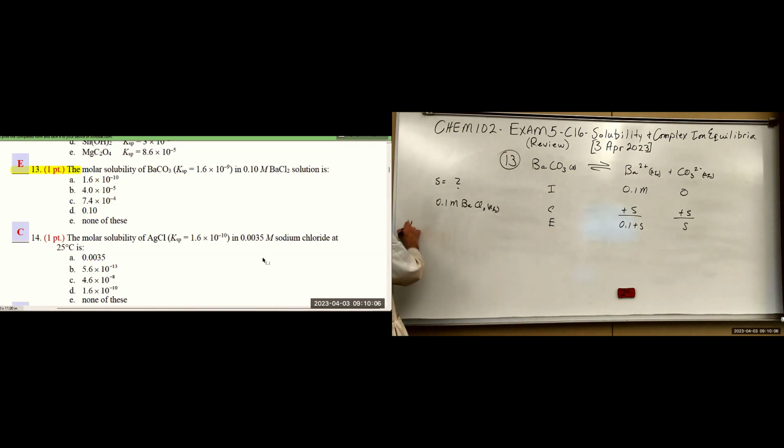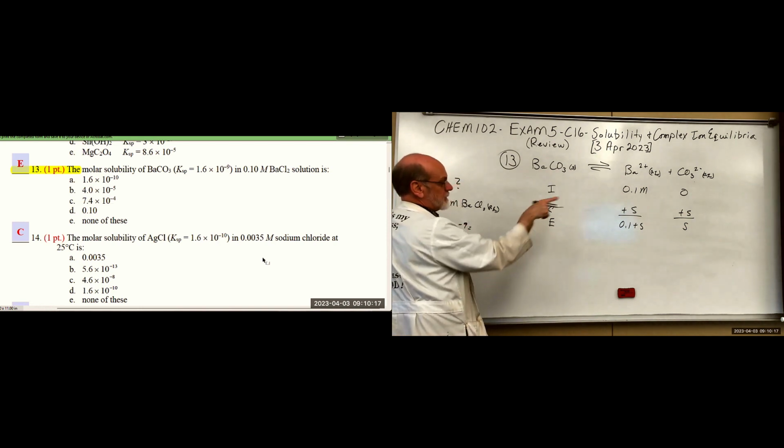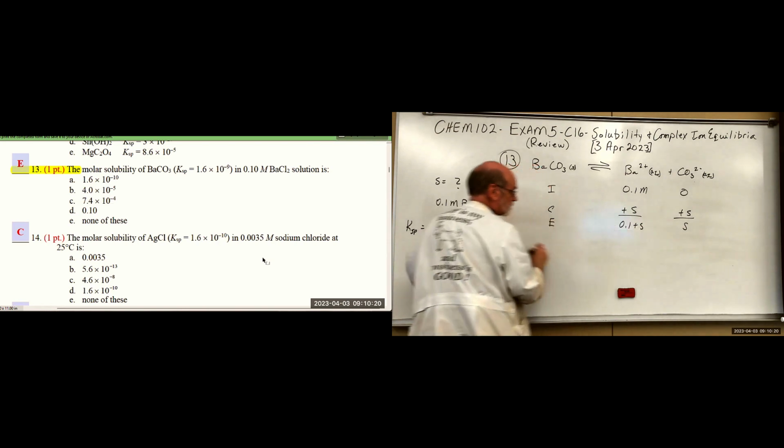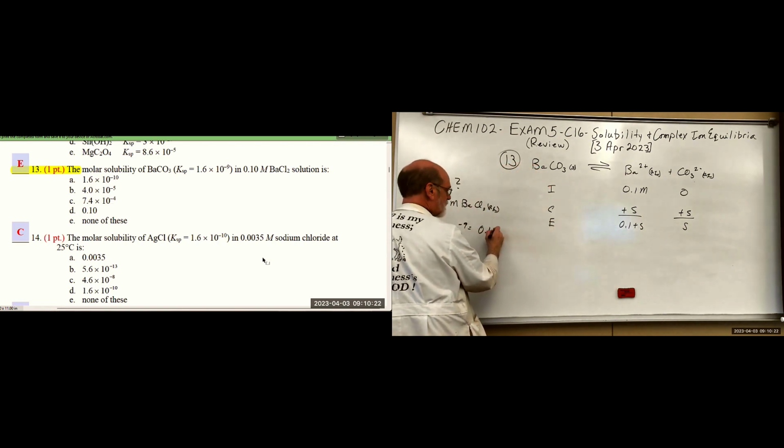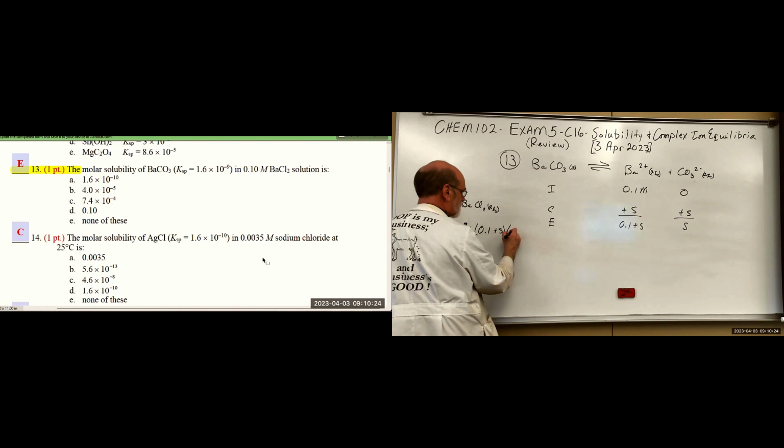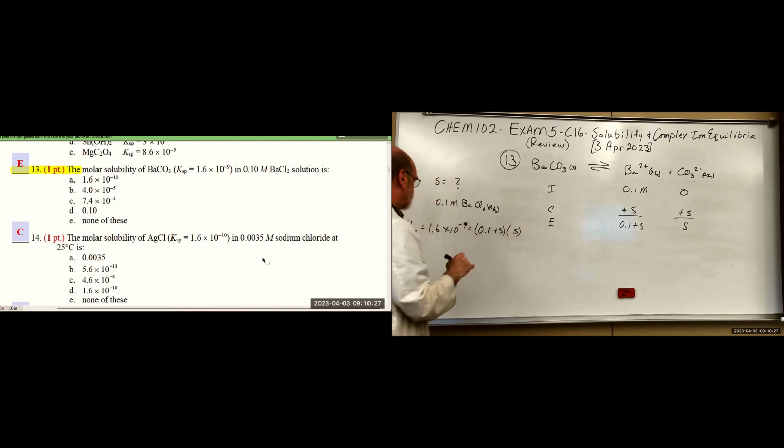Okay, so KSP is equal to 1.6 times 10 to the minus 9. And that's equal to just this one times that one, 0.1 plus S times S. That's going to give us a quadratic unless we assume that the solubility is very, very low.